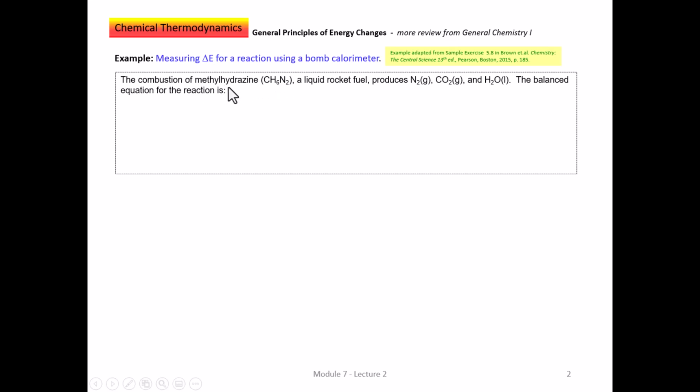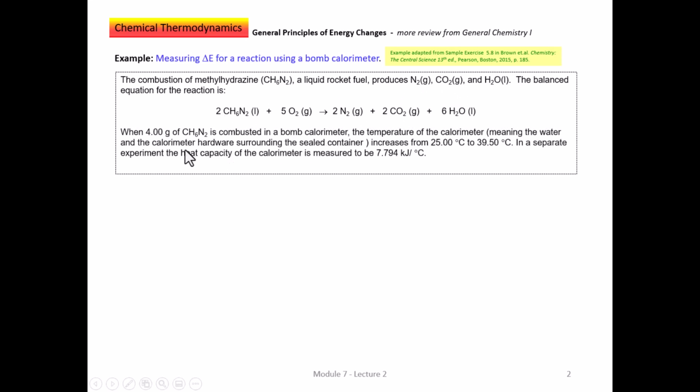When you react methylhydrazine with oxygen, you get nitrogen, carbon dioxide, and water, and the balanced equation looks like this. Let's suppose you put 4 grams of methylhydrazine in that sample cup in a bomb calorimeter, sealed it up in that sealed container, and then introduce oxygen and a spark so that the methylhydrazine reacts with oxygen.